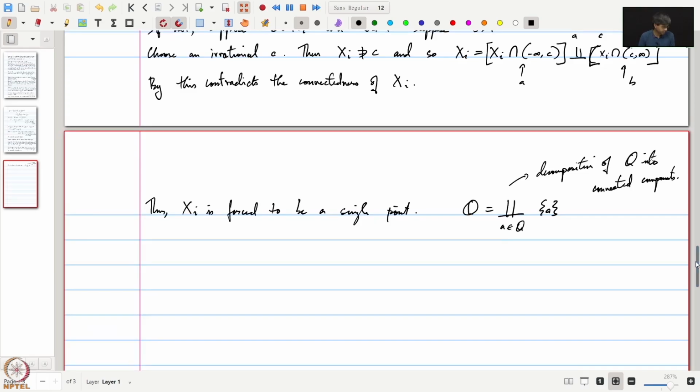Right? And let's make a remark. This is obvious. X is connected if and only if it has only one connected component. Okay, so this remark is obvious.